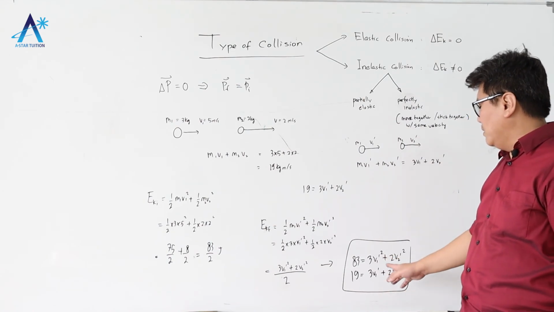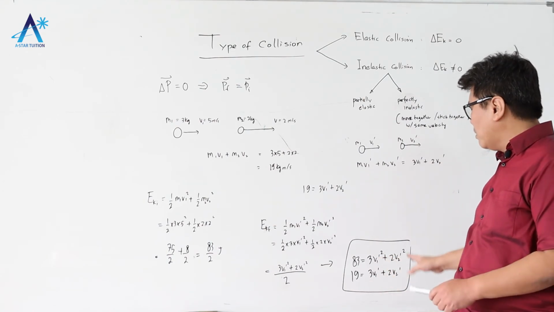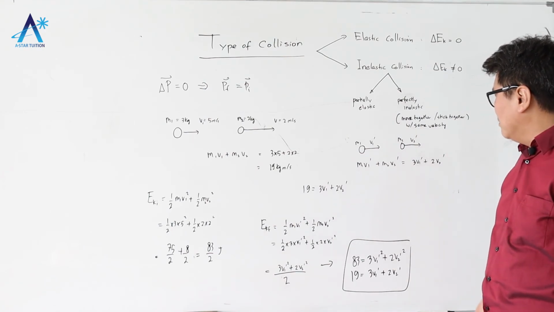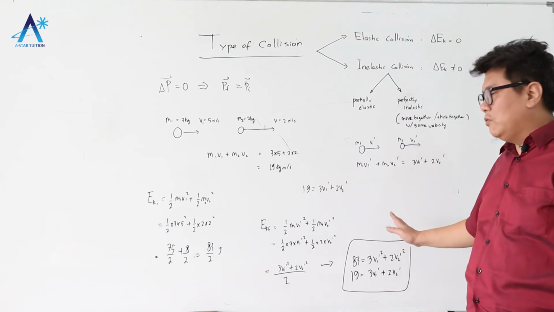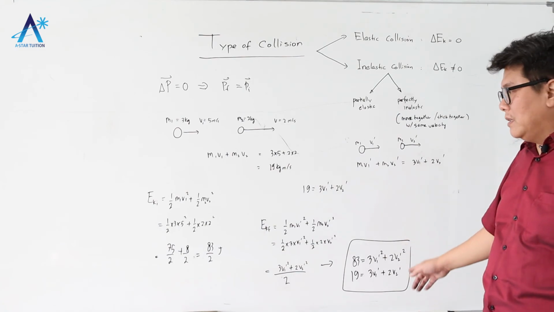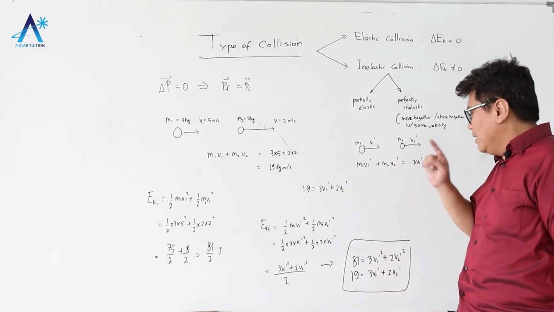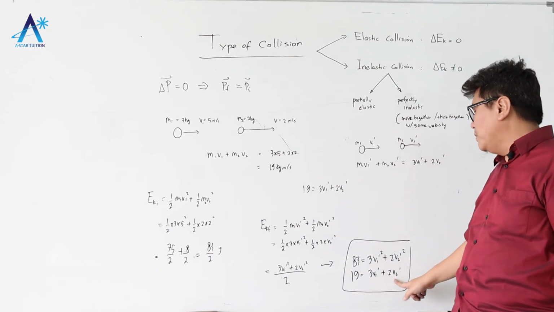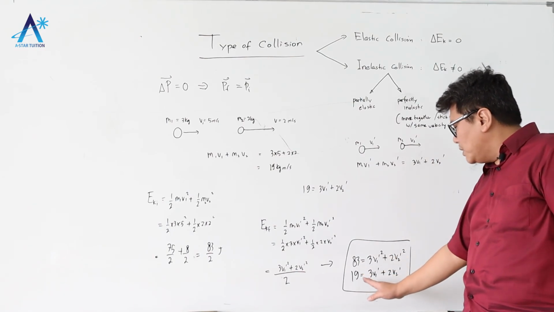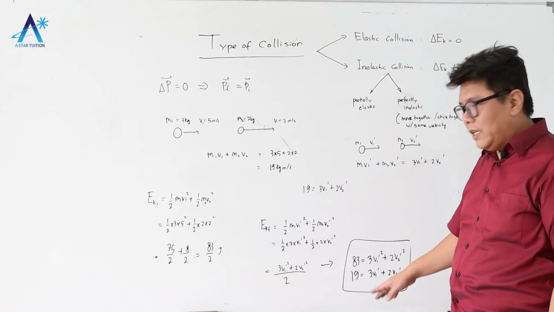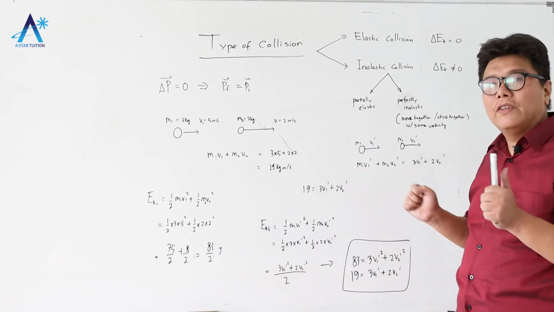It's doable. We're not going to do it here, but the idea is that you write down v1 prime or v2 prime in terms of one another, substitute into the first equation, and it's going to be quadratic, and then you solve it.